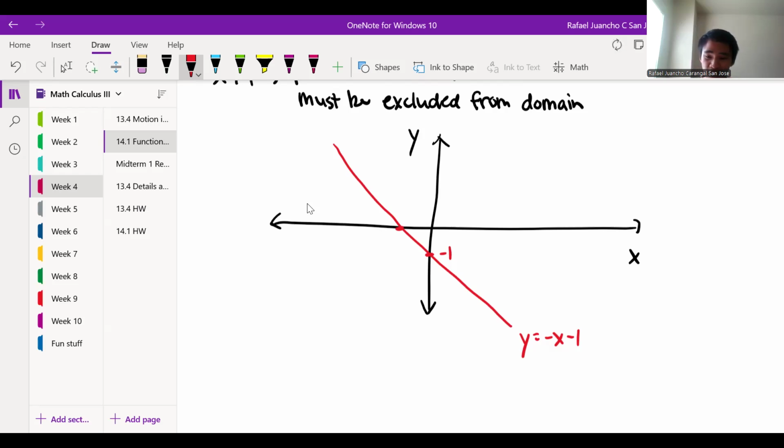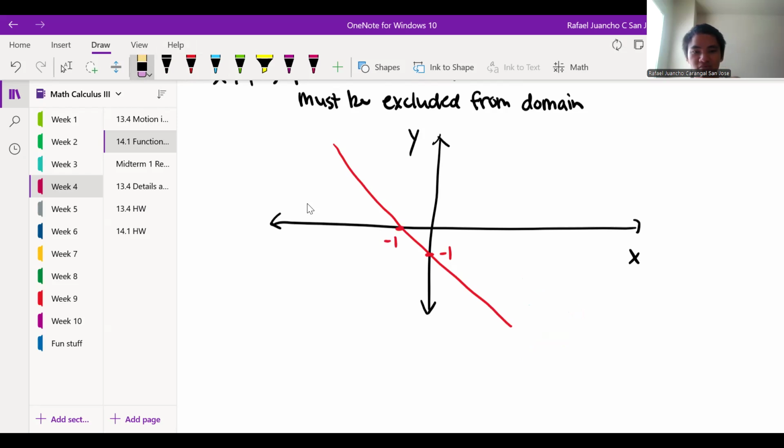So what x do I get? If we make this a 0, oh, I divide both sides by negative. So my x is negative 1 in this case. As well for my x-intercept. What else?